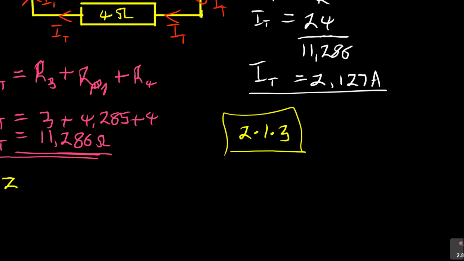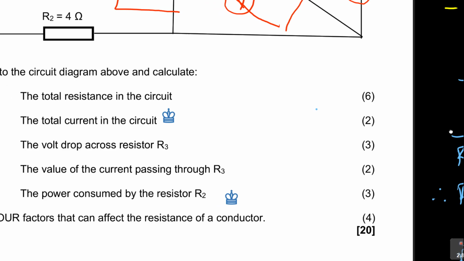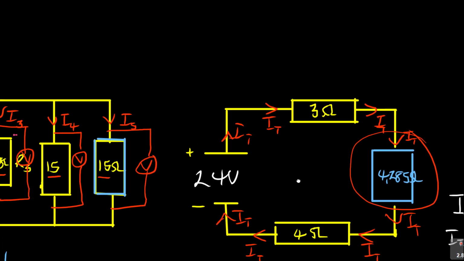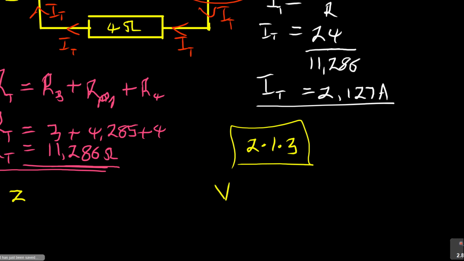Now the question is looking for voltage drop. So the formula, remember, V is equal to IR. That's what you use straight. V is equal to I dot R.